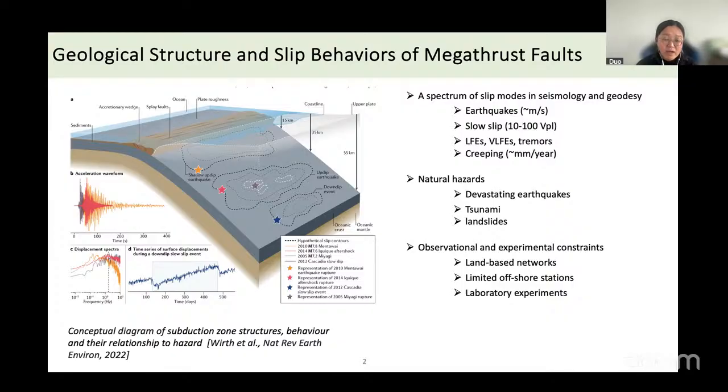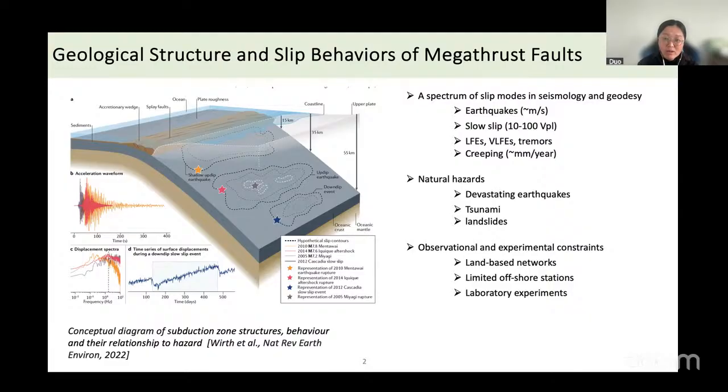The signals captured on the surface are also different. Earthquakes generate very disastrous ground shaking. But slow slip events don't radiate any seismic signals, so they can be captured only by GPS, or the deformation can be explained by geodetic observation like InSAR.